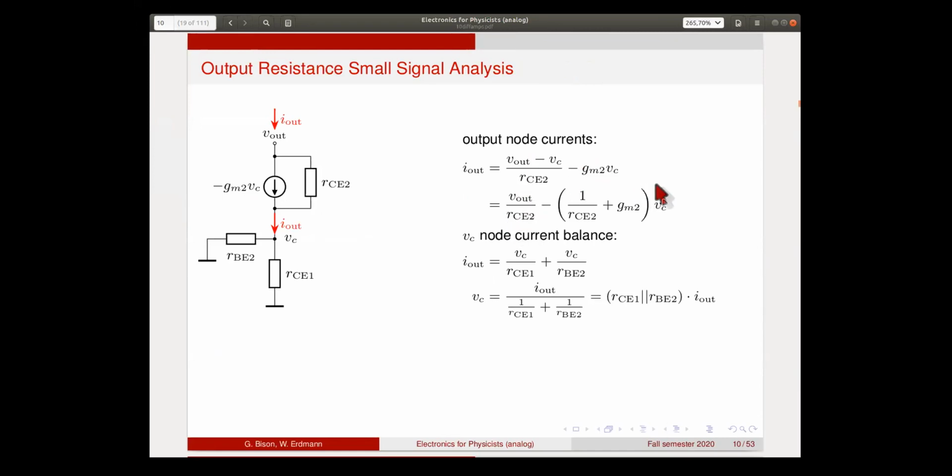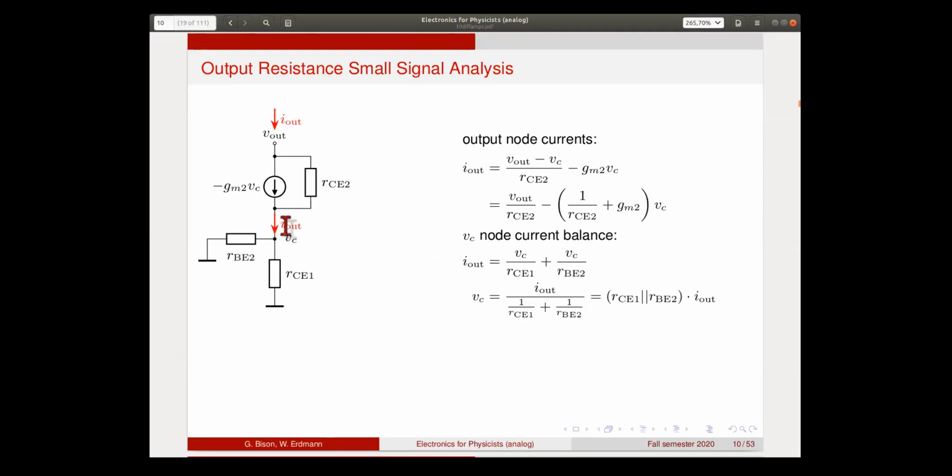So we separate the terms with V out and VC, and then this reads V out over RCE2 minus, and then this is 1 over RCE2 plus GM2 multiplied by VC, which appears here and there. So we still need a second equation because we need to eliminate this VC.